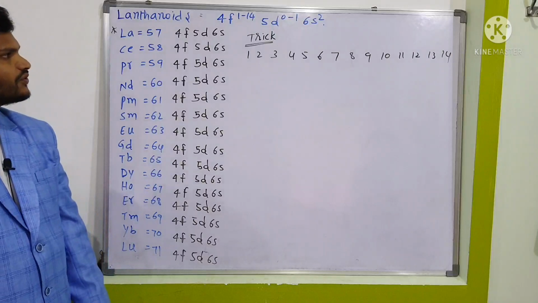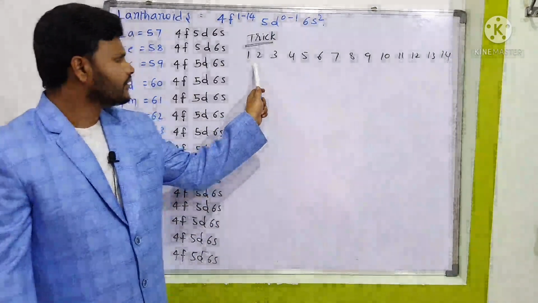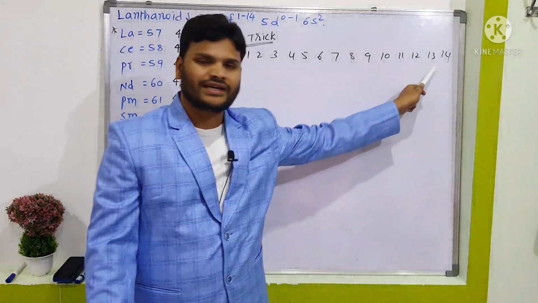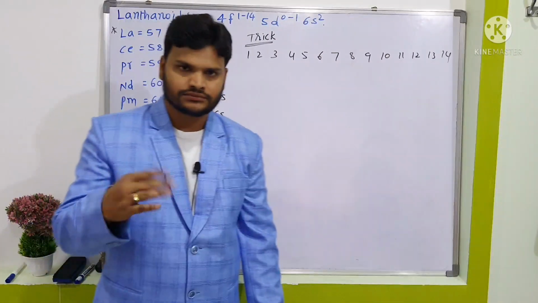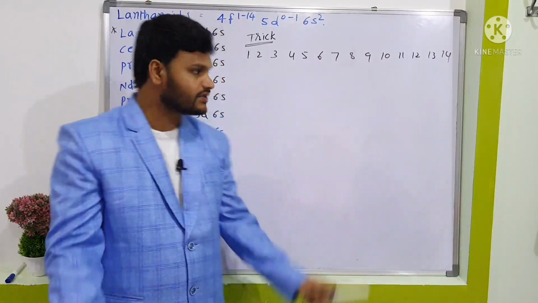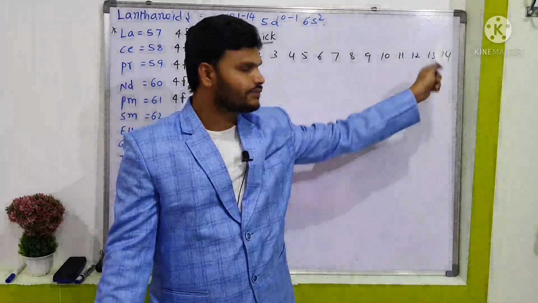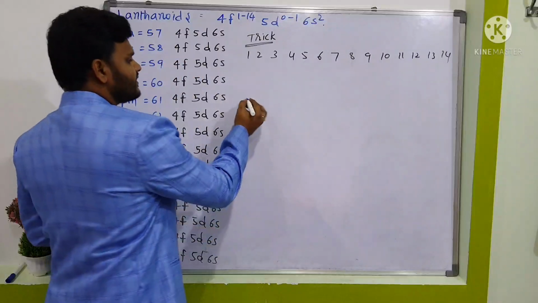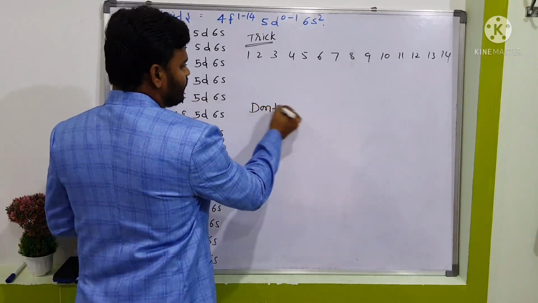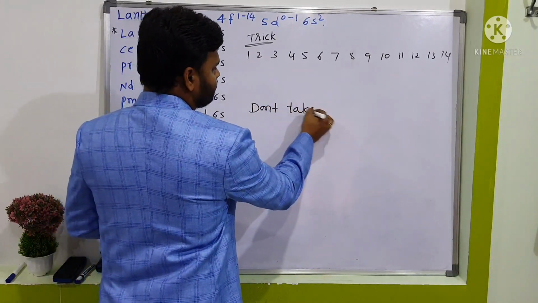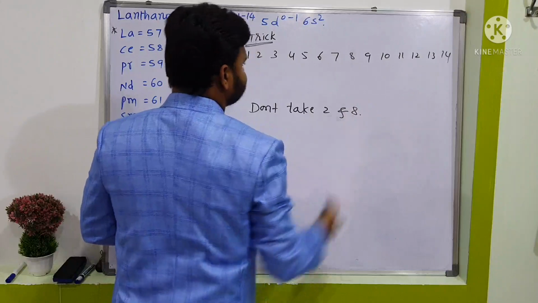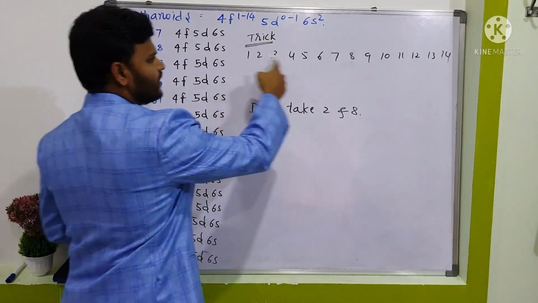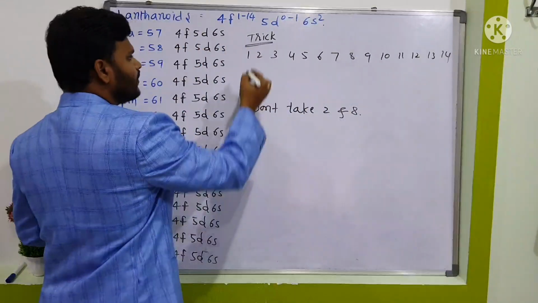Next, what should we do? Total 14 elements means 14 electrons: 1, 2, 3, 4, like that up to 14. Next, what is the trick? Don't take 2 and 8.